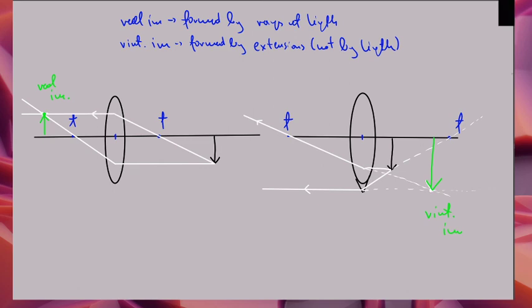That is, if your eye sits at this location, then it thinks that the information is coming from here. But there's really no information coming from here. You're being tricked. Versus on the other side, if you put your eye right here in this location, you will see the actual image. Okay, so this does it for drawing the diagrams for the converging lens.